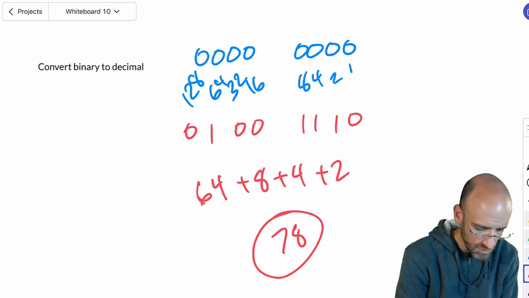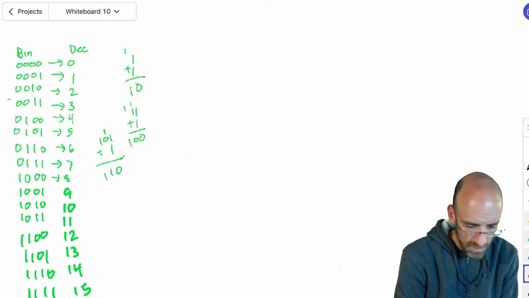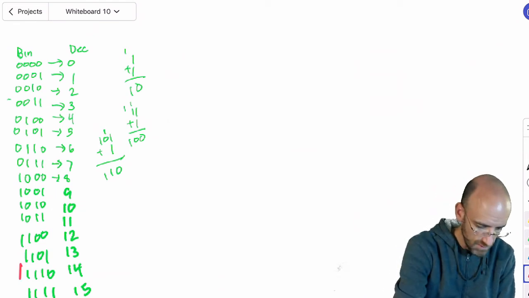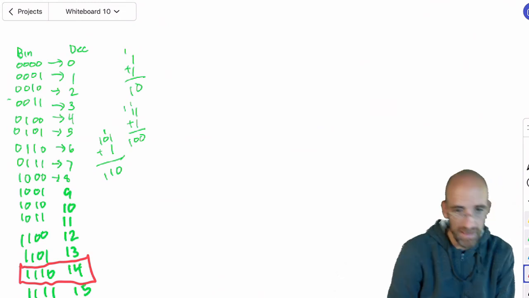If we just go back real quick before we leave. When we were adding, we got 1, 1, 1, 0. I'm just going to look at this number right here just to make sure that everything lines up, which it will.